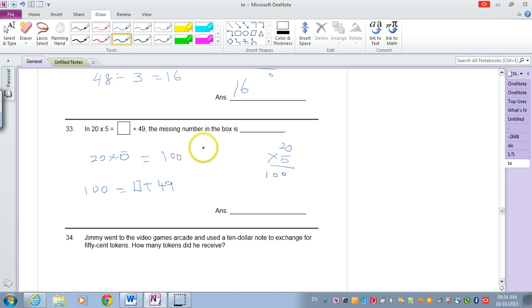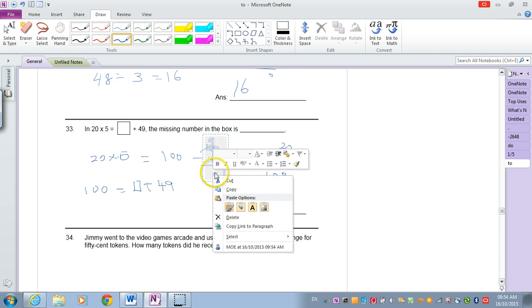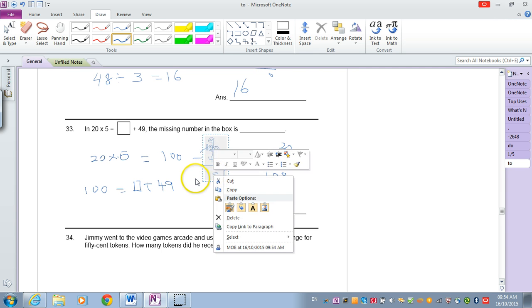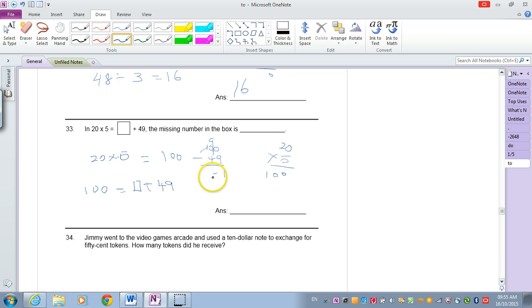Okay, so we'll do it here. 100 subtract 49. And that will give you 51. Okay, that will give you the answer 51. So the answer in the blank should be 51.